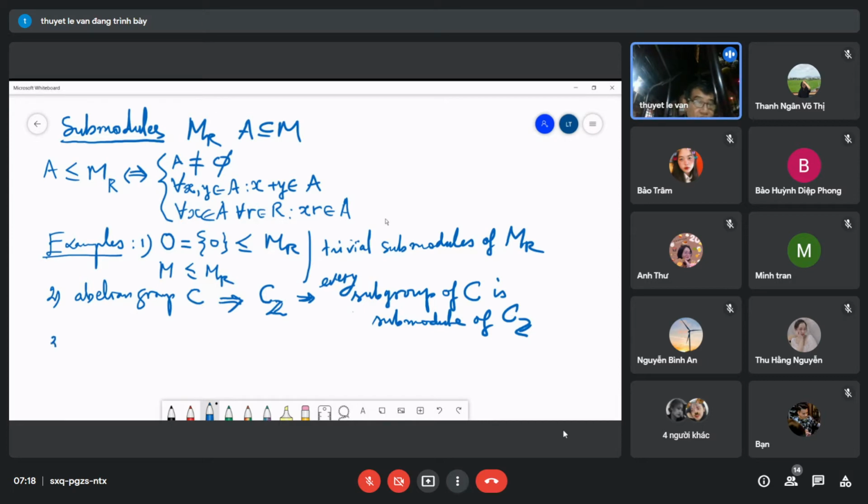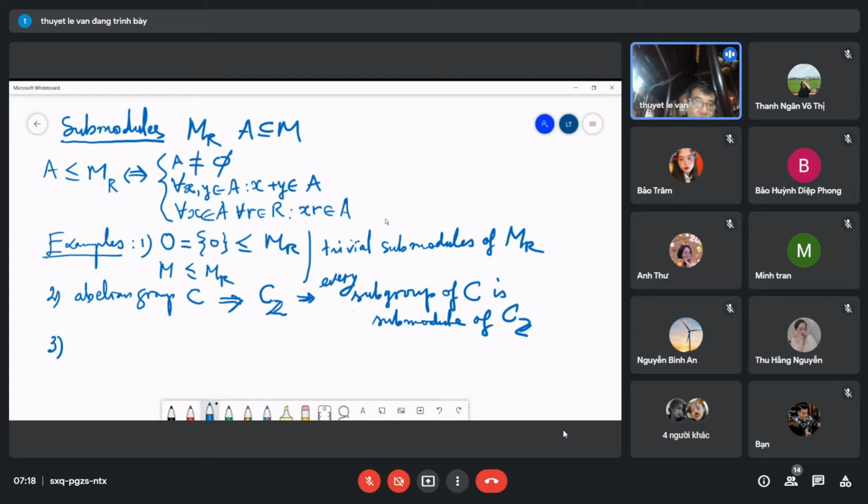The third is the vector space. I want to talk about the abelian group, vector space, and also the rings. You can see that is a very important example.